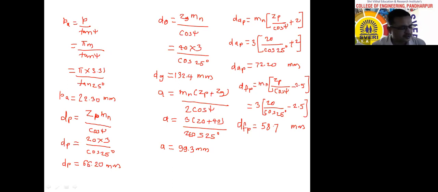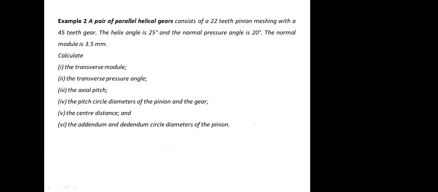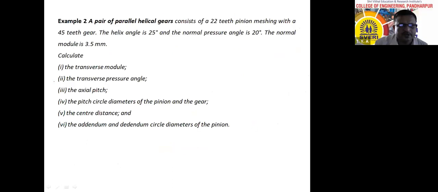Okay, I think you understood the problem. We will take next problem. Okay, write down this problem. Example 2. A pair of parallel helical gears consists of a 22 teeth pinion, meshing with a 45 teeth gear.